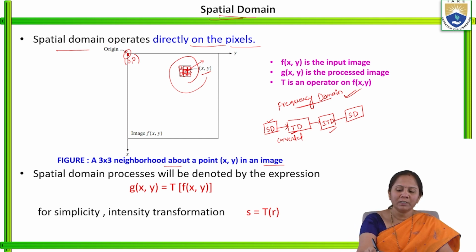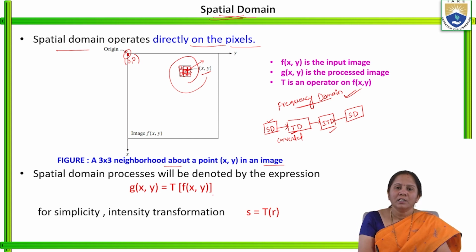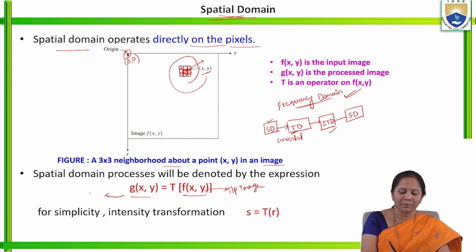Now we will concentrate on the spatial domain. The spatial domain is indicated with the expression g of x, y equals T of f of x, y. What is f of x, y? f of x, y is the input image, and g of x, y is the output image.